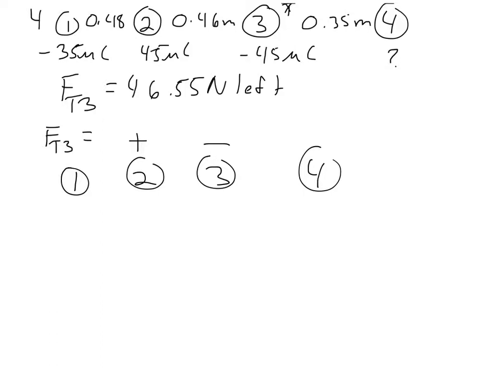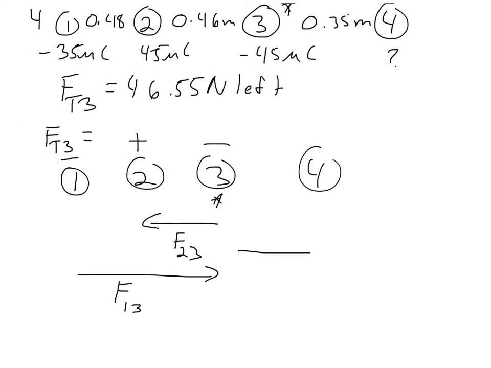We're going to have force 2 on 3. So on 3, 3 is the one that's moving again here. So force 2 on 3 is going to be pulling 3 to the left, so it's F2 on 3. F1 on 3, since 1 is negative, it's going to be pushing F3 to the right, so that's F1 on 3. And F4 on 3, we don't know anything about that direction yet, so we'll talk about that one in a second.